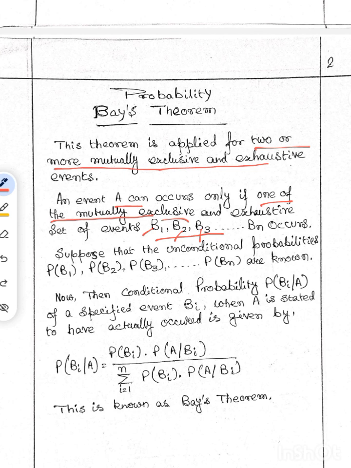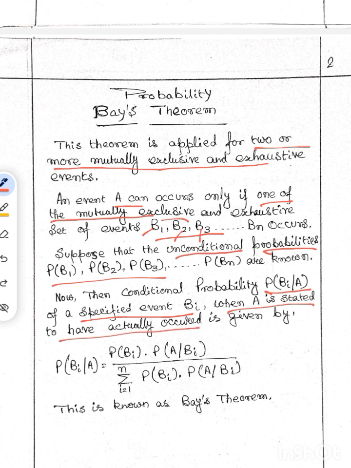Suppose that the unconditional probability, why unconditional? As per our example, first we choose the box, so choosing the box was unconditional. Next, the conditional probability P(A|Bi) is for a particular, specified event Bi when A is stated to have actually occurred.